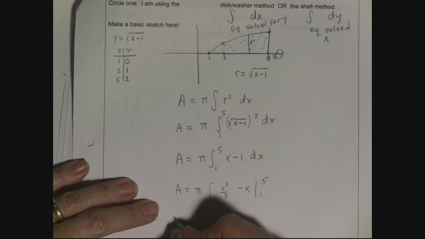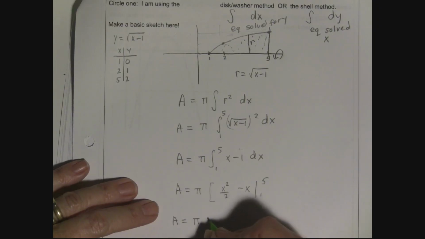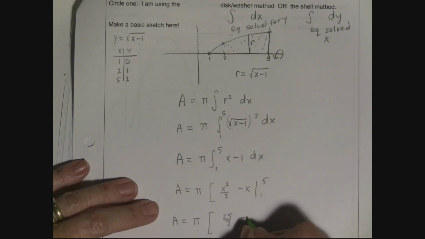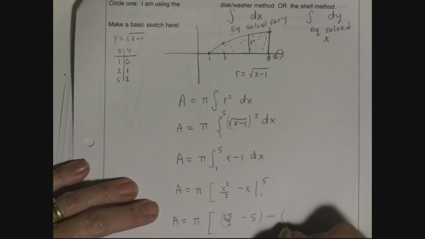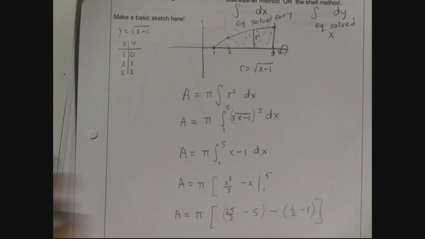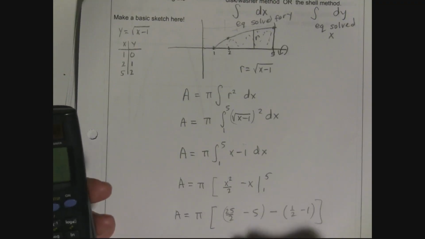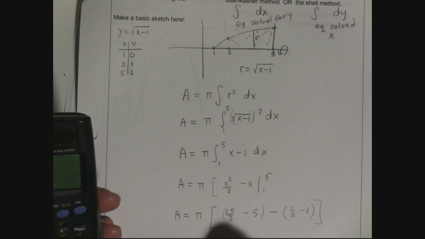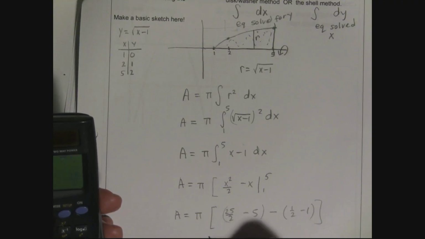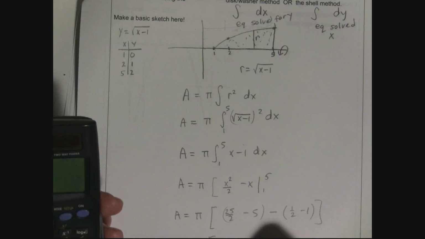And so the volume would be pi times, and then this would be 25 over 2, when I put in 5, minus 5. That's my upper bound, minus my lower bound, which would be half minus 1. And so I said that I wasn't going to integrate it, but I can't help myself. There'll be one person out there saying, I wish you would have integrated that one because I wasn't sure how to do it.